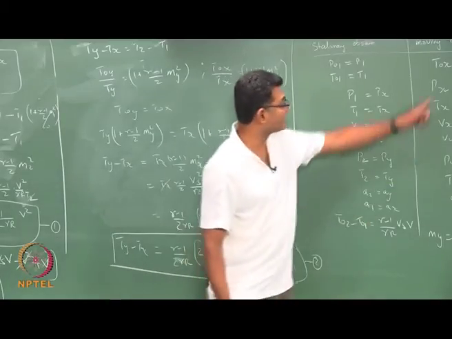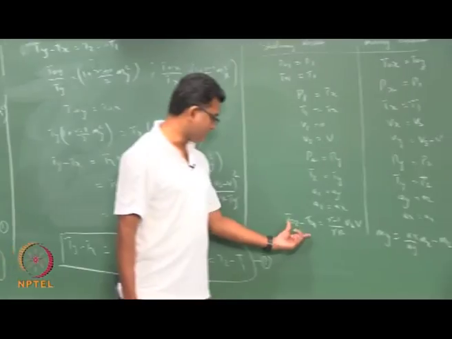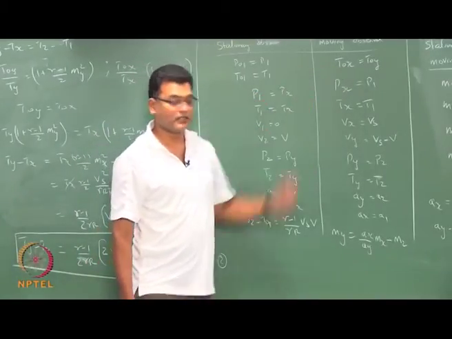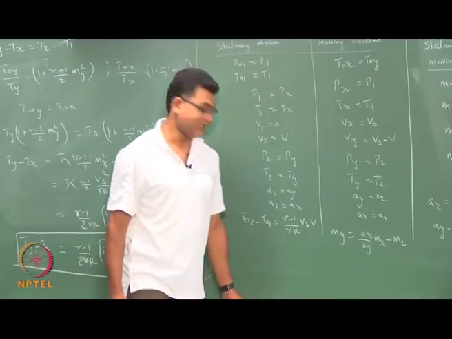Whereas T0x equals T0y. So, this difference is different from T0y minus T0x.